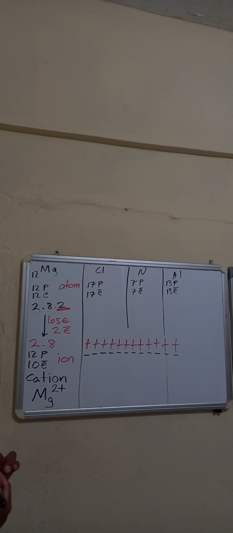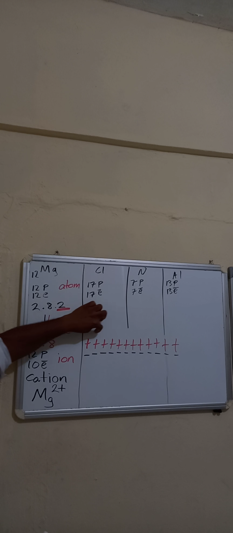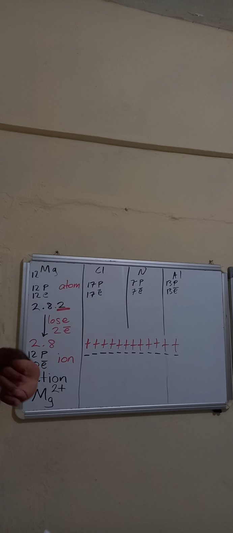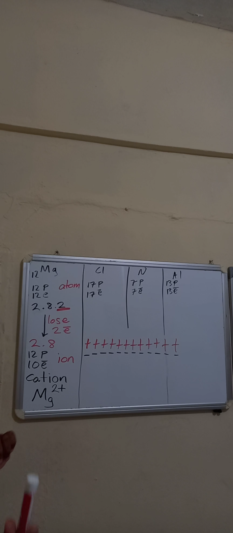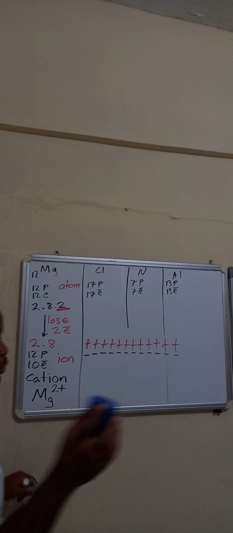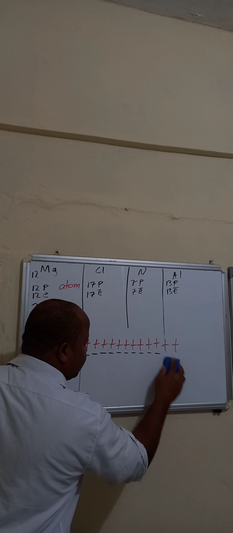So this is the atom of magnesium. 12 protons, so those are 12 positive charges. 12 electrons, those are 12 negative charges. To become stable, the atom of magnesium lost 2 electrons. So it loses 2 negative charges.